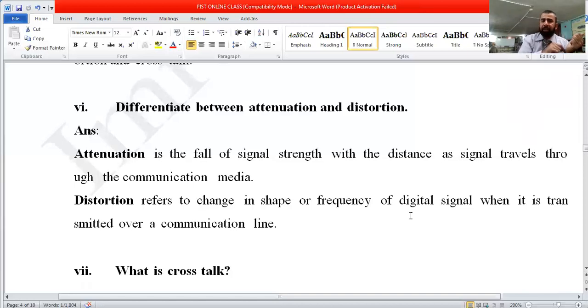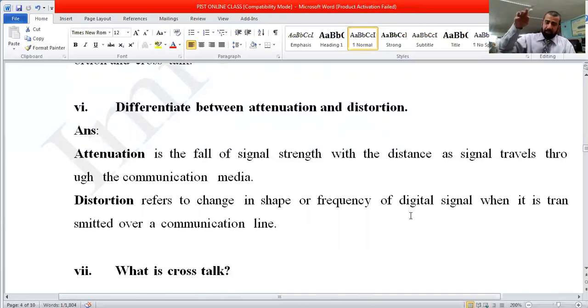So this is called attenuation, the fall of signal strength with the distance as signals travel through the communication media. Your modem is on the top floor and you are sitting in your room, so it could be that the signal strength will be weaker.